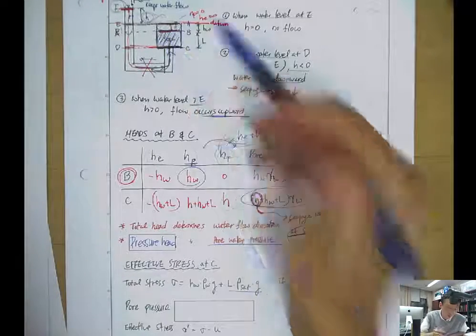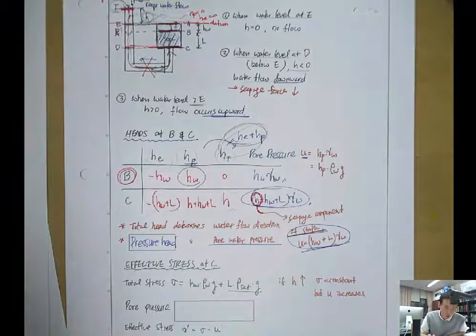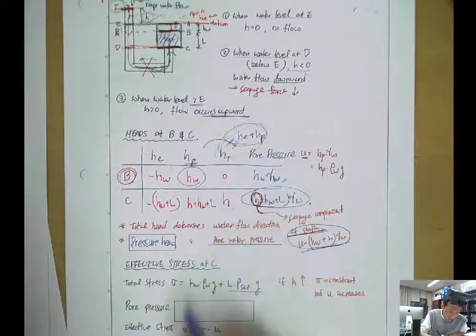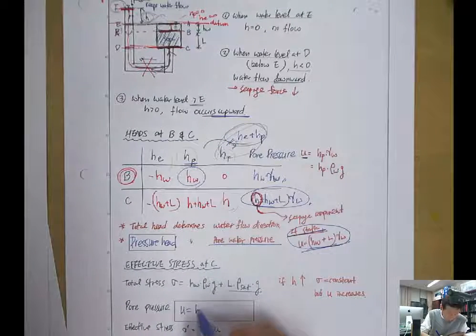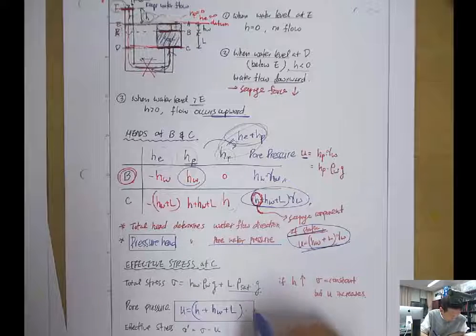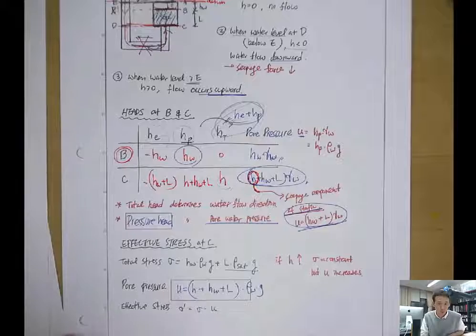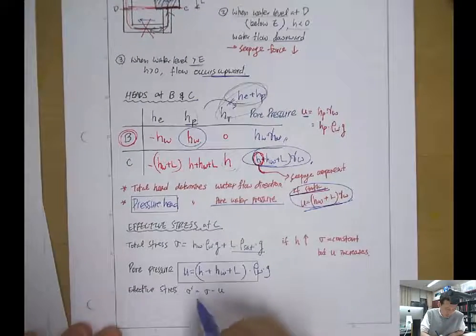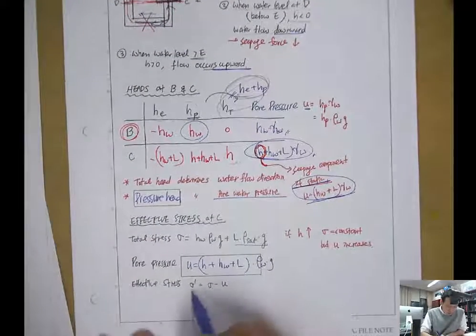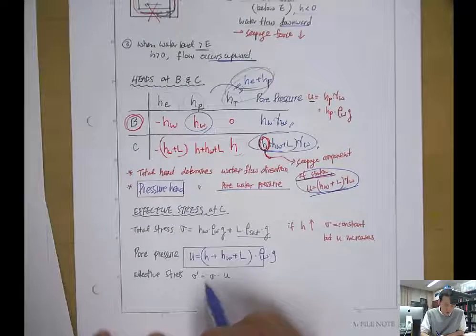This is the weight of the saturated soil. And pore pressure at C is what? U is H plus HW plus L times rho W and g. So then let's get the effective stress from sigma minus U.